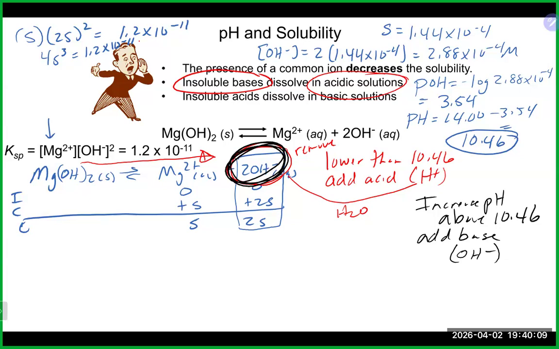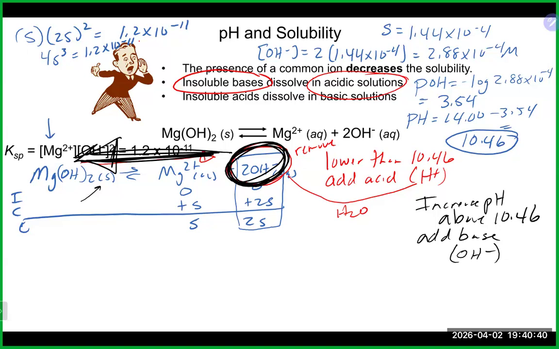If I add more hydroxide, Le Chatelier's principle is going to tell us it's going to shift, I'll make my big arrow there, away from the product side, and shift to the reactant side, which in this case is solid. So if you brought the pH above 10.46, you're going to cause this guy to be less soluble. You're going to see more solid come out of solution because the pH is affecting it.